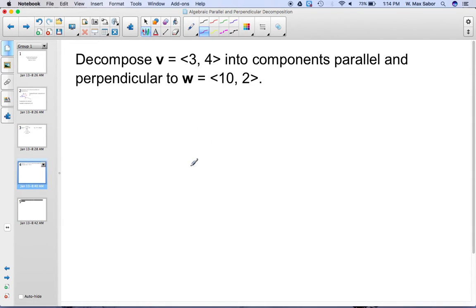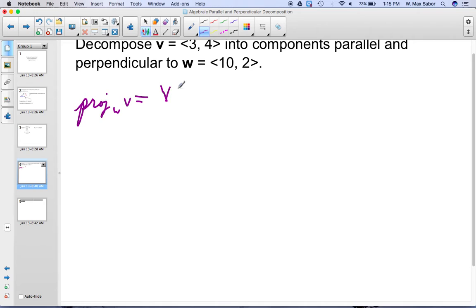Decompose V into components parallel and perpendicular to W. So the parallel part comes first. We're projecting V onto W, and we want to dot V and W together.